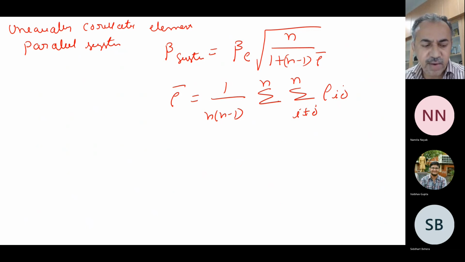You can derive these types of expressions. If they are unequally correlated, what happens if it is a parallel system, and what happens if it is a series system? These expressions are reported in textbooks also, so you can use them to calculate the series system probability of failure as well.